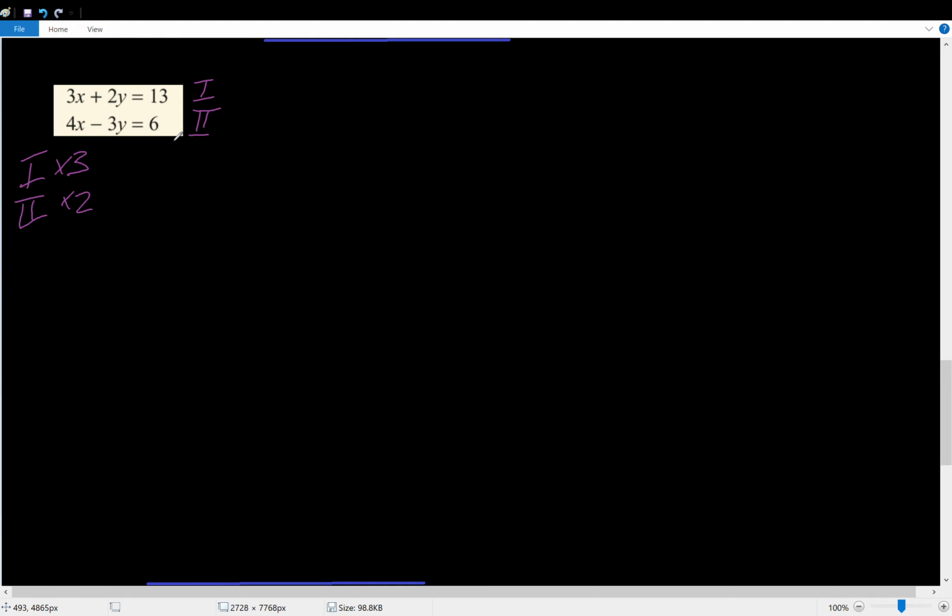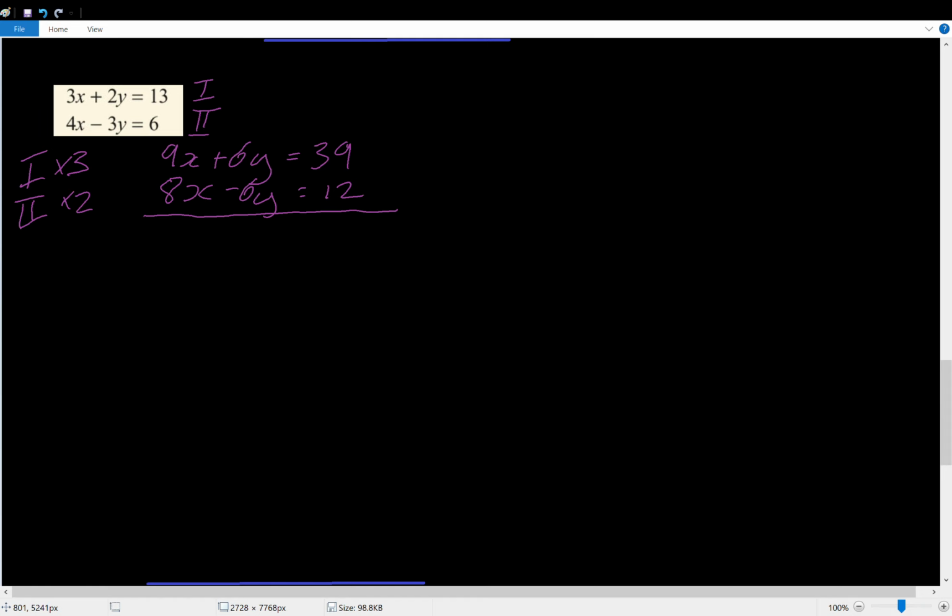So equation 1 times 3 becomes 9x plus 6y is equal to 39. And equation 2 times 2 becomes 8x minus 6y equals 12, like that. Okay, so now we have the coefficients for y matching up.